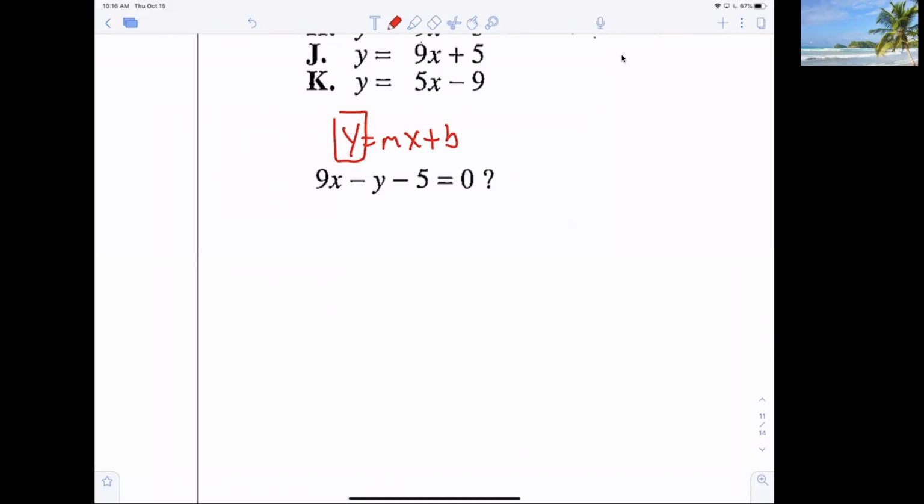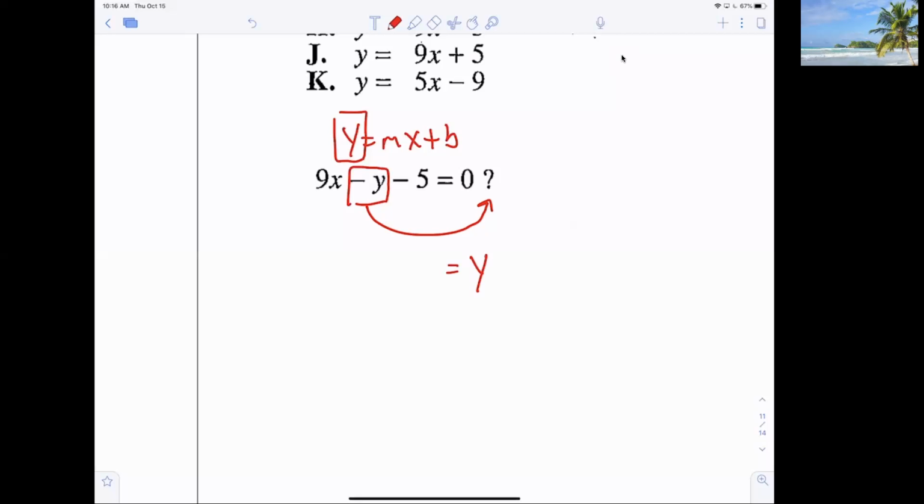Right now, the y value is negative. So to me, it would be easier to move the y. If I move the y, it becomes positive. So if it's negative y on the left, it's going to be positive y on the right. So y equals, did I move the 9x with the negative 5?